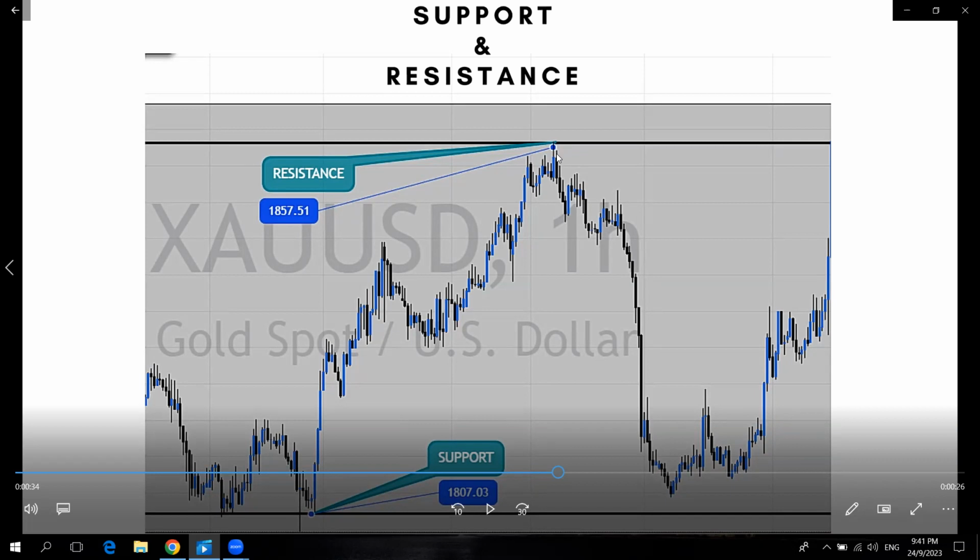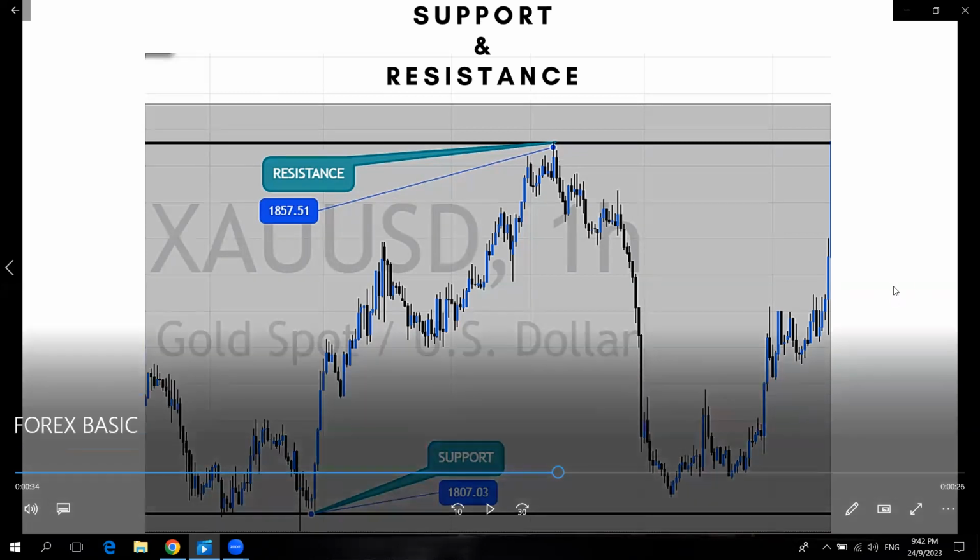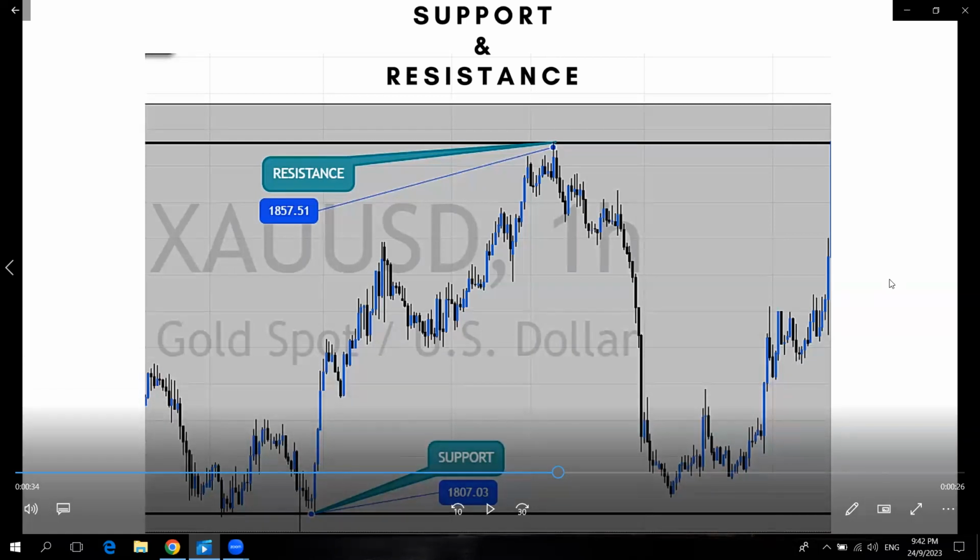So just imagine the chart. It's now at 1807. You are at 1807, you're jumping up to the ceiling. You have touched the ceiling at 1857, but you did not have enough power to break through that ceiling. You came down again, back to 1807.